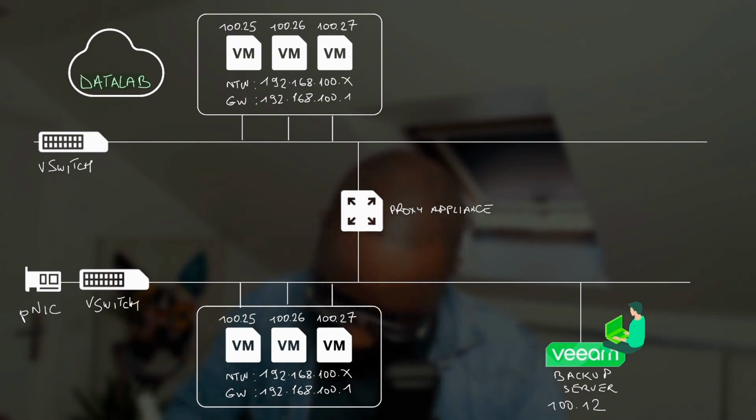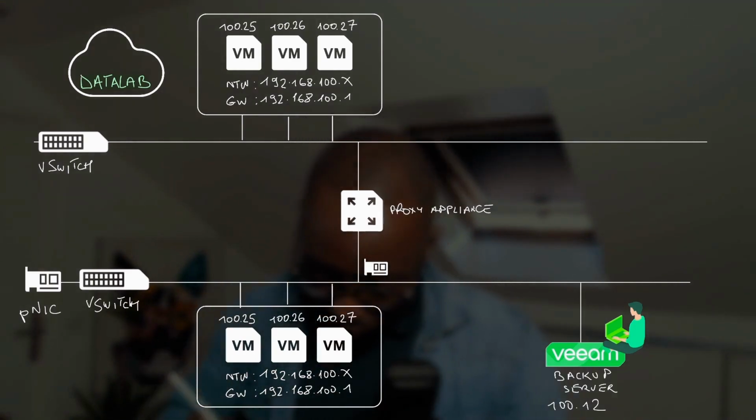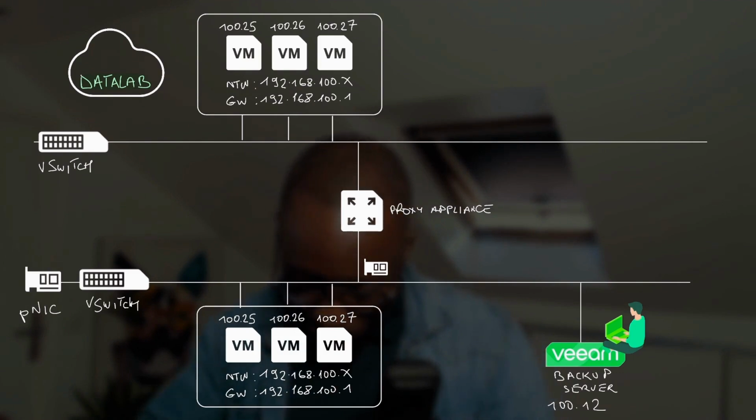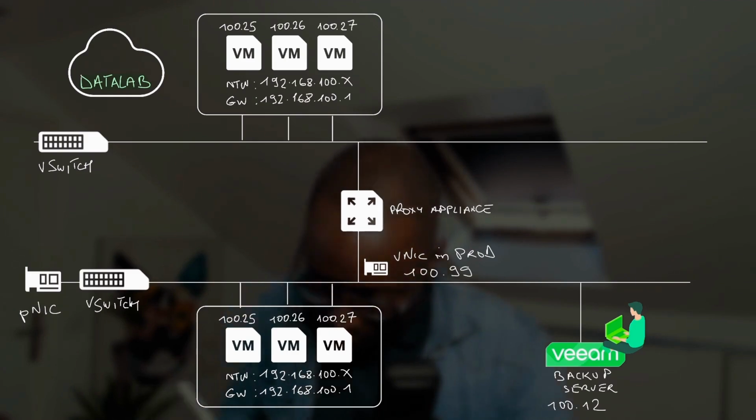This proxy appliance has two network interfaces, and we will represent them like this. The first network card is connected to the production network. We will assign it an IP address, just taking an IP from the production network. Let's say 4.20.10.9, for example, that's arbitrary.